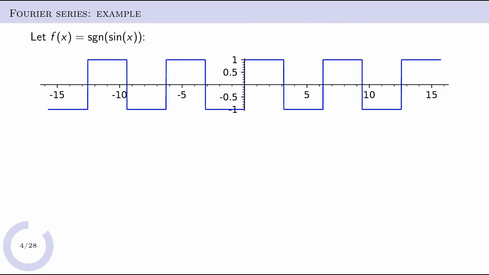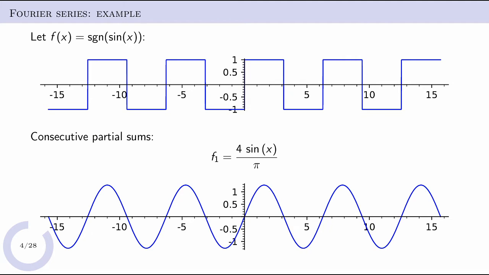So let us compute a couple of first partial sums of the Fourier series. First of all, the sum f1, so just one term of the Fourier series, is just 4 sine x over pi. So it's just a standard sine, scaled to have an appropriate height. As you can see, it's not very similar to our original function.